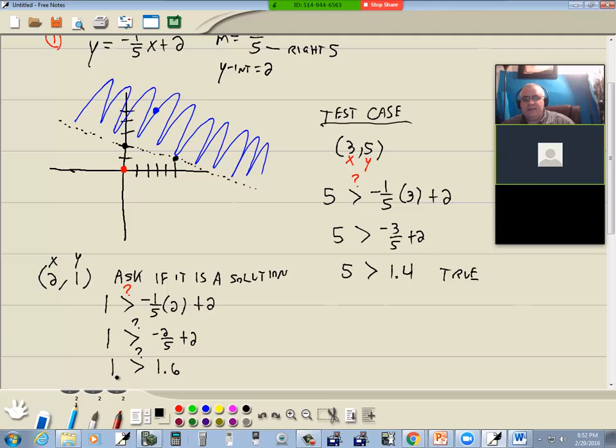And then you see that 1 is not greater than 1.6, is it? So this is false, which means, is this a solution? The answer would be no. If it came out with something that was true, like you had 2 is greater than 1.6, then your answer would be yes. I've seen that in some of the problems where they'll just ask you specifically about a point.